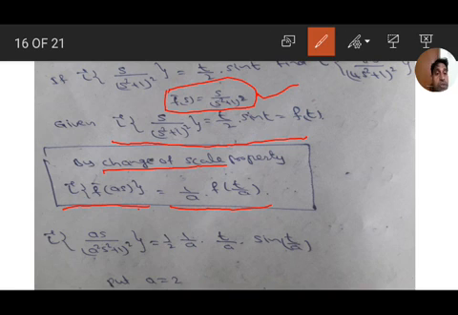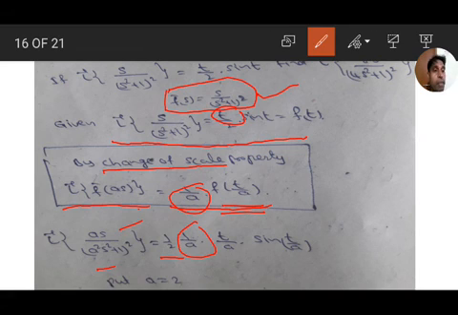Since f bar of s equals s by (s square plus 1) whole square, substitute f bar of as, meaning as by (a square s square plus 1) whole square, equals 1 by 2 into t by 2 into sin t. In the place of t, we have to substitute t by a. So 1 by a stays as it is, and f of t by a means t is replaced by t by a in t into sin t, with the 1 by 2.